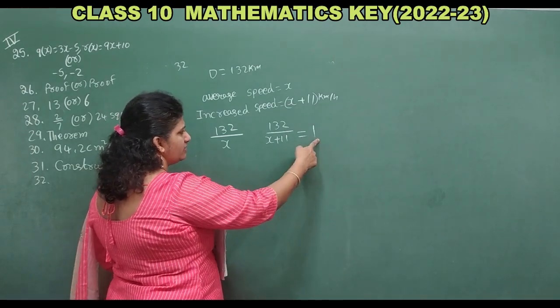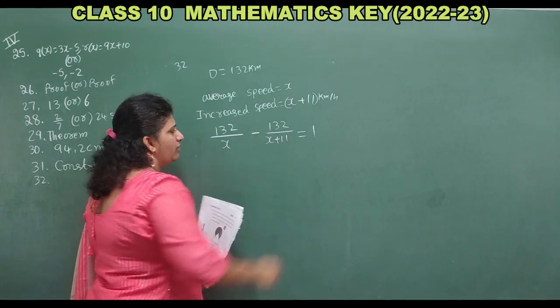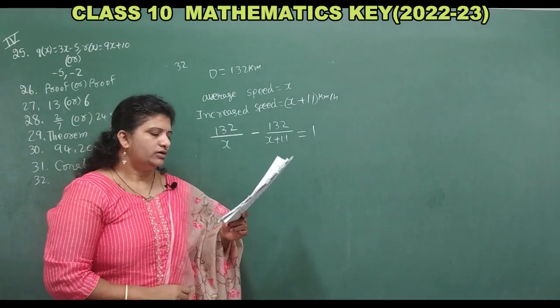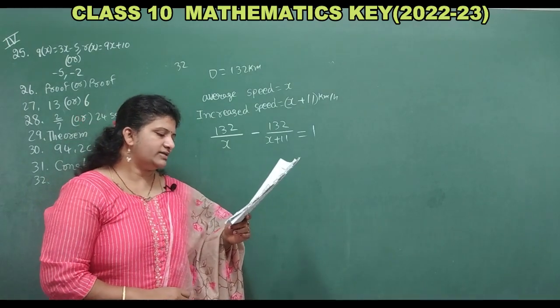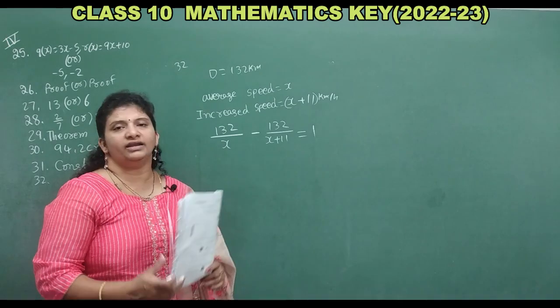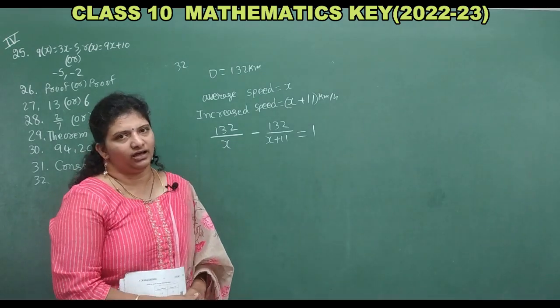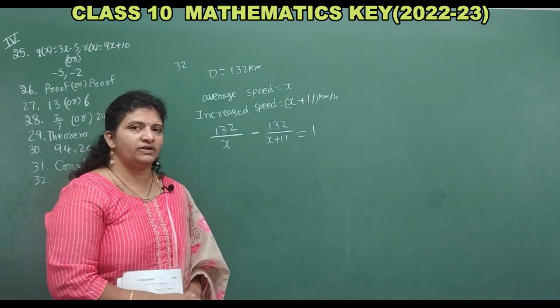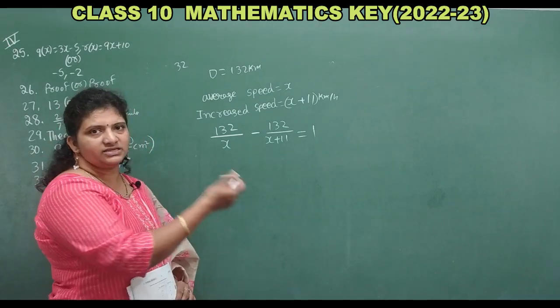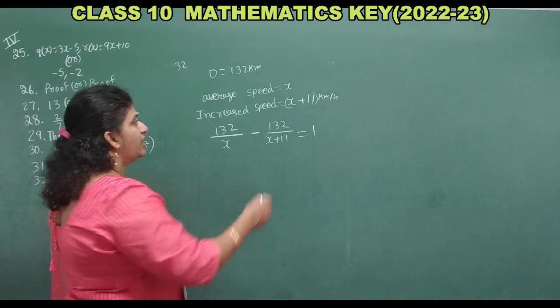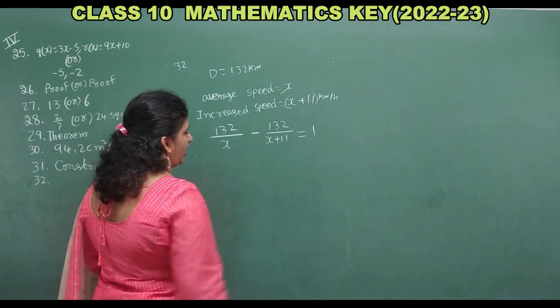What is the difference? 1 hour. So take minus here. Travel the same distance as earlier. Find the current average speed of the car. What is the current average speed of the car? So solve these ratios and you are going to get the answer. If you are able to find x, that is your answer.